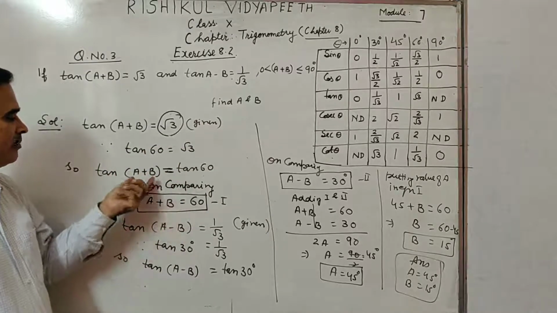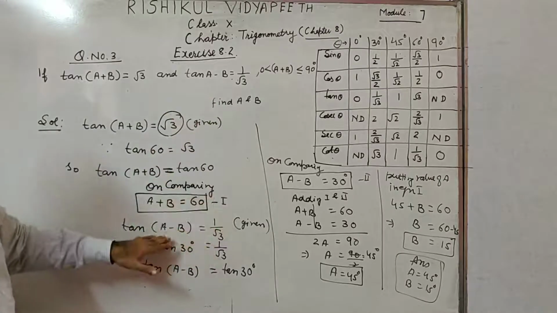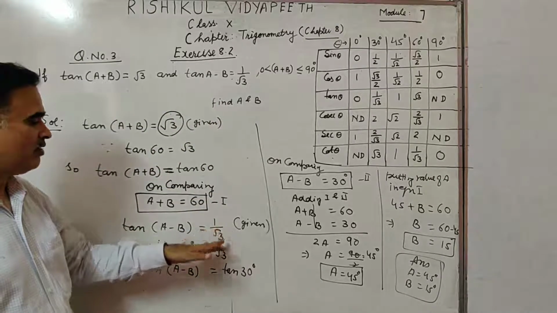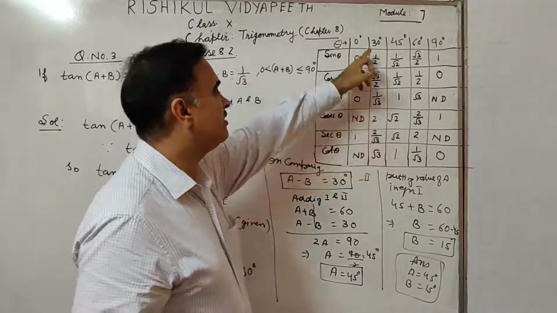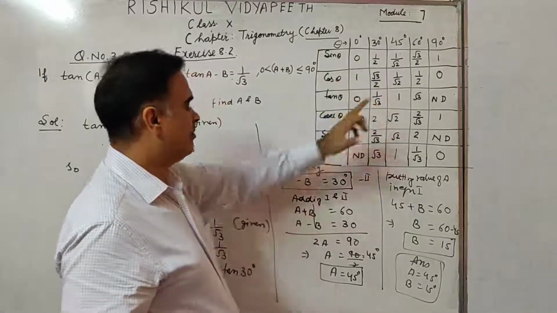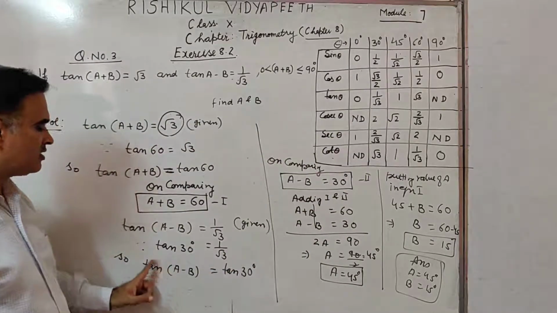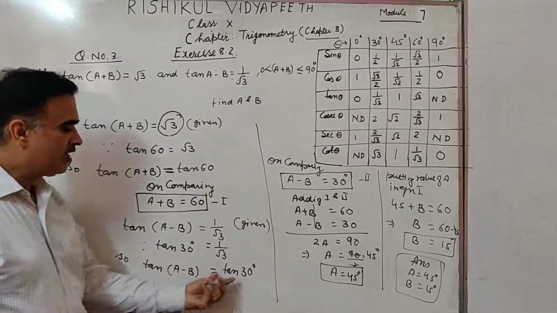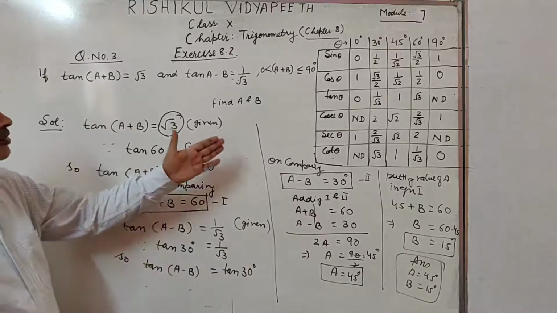We compare that, then a plus b equal to 60, and in the same way we do tan(a minus b) equal to 1 by root 3. Again we see where 1 by root 3 is, it is the value of tan 30. So we can write that in its place, then comparing this, never cut the tan, you just compare it, the angles become equal. So now, my dear students, you are able to do this.